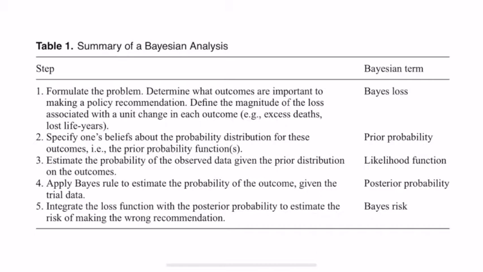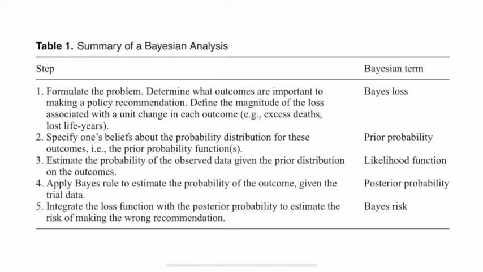So first, we formulate the problem and decide what outcomes are important to making a policy recommendation in the case of health technology assessment, or making a diagnosis and treating them when it comes to a specific patient with a medical problem, okay? You want to understand how bad it is when we game out the various scenarios, okay?